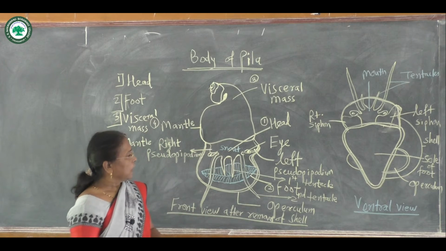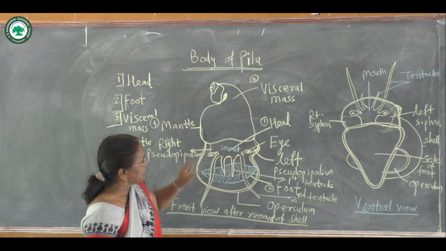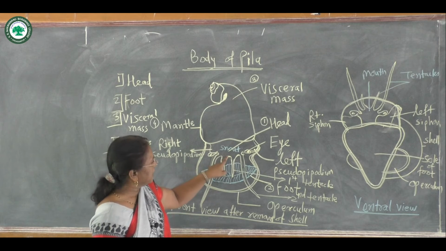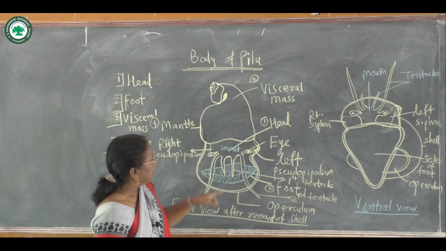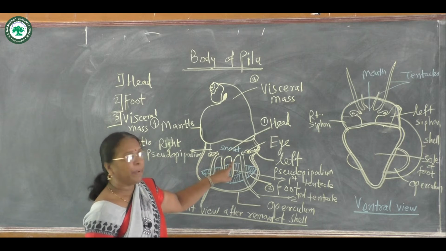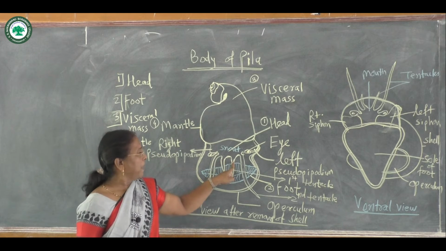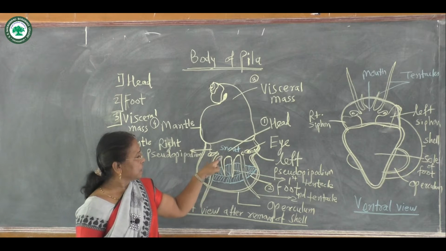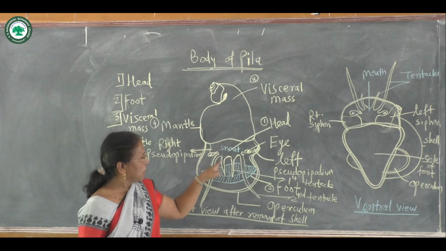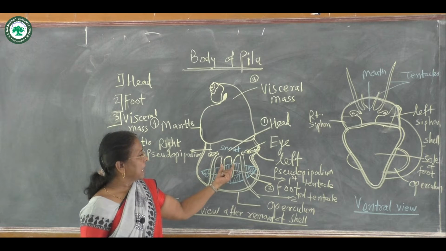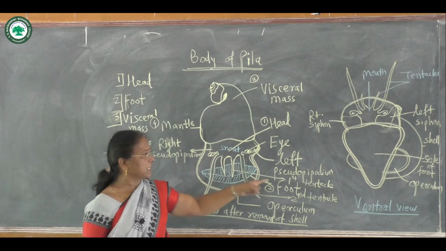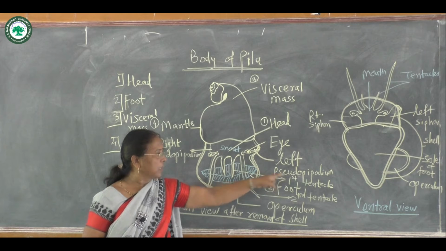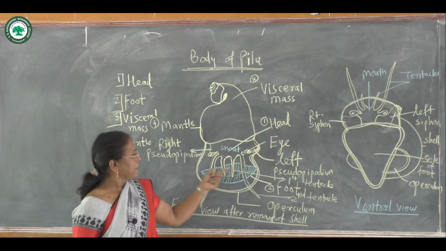This head, after prolongation, shows centrally a median slit-like aperture called the mouth. The mouth is guarded by a pair of labial palps. These small pair of labial palps, which are directed to the front side, are called the first pair of tentacles or the labial palps.